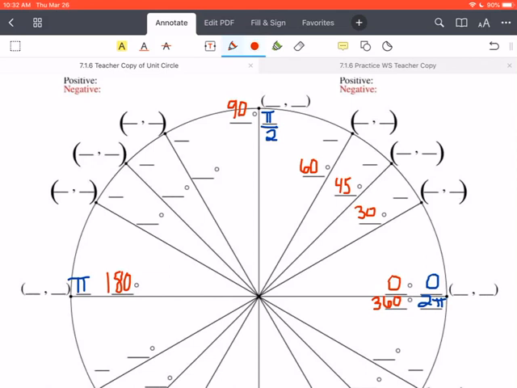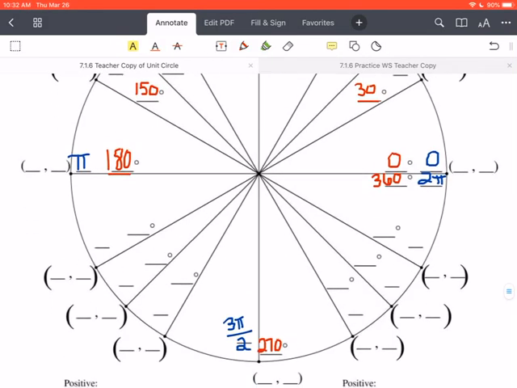I have my 30, I have my 60, add 30 to get 90, add 30 more to get 120. My 2's are really bad using this stylus. 120, add 30 to get 150, but again I skipped that 45 slot, add 30 to get 180.